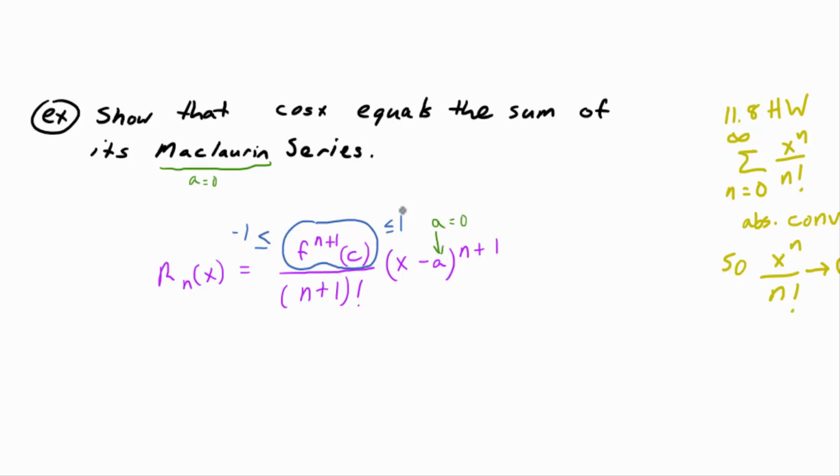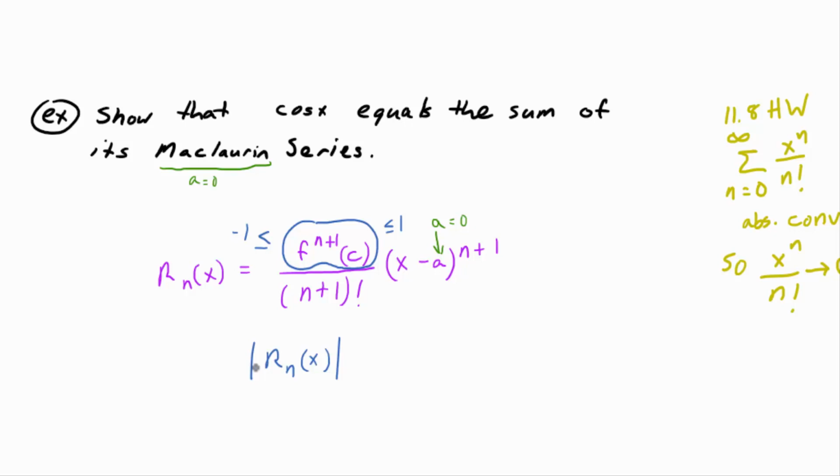Now I'm going to take the absolute value of it, so that I get everything positive. This is with regard to the remainder for the Maclaurin series for cosine of x.